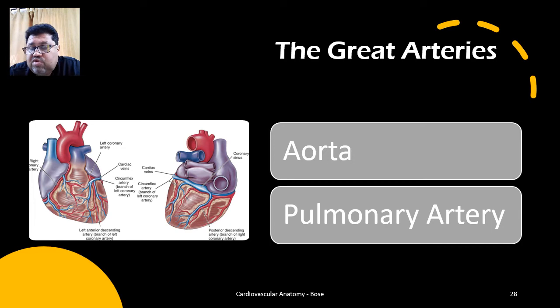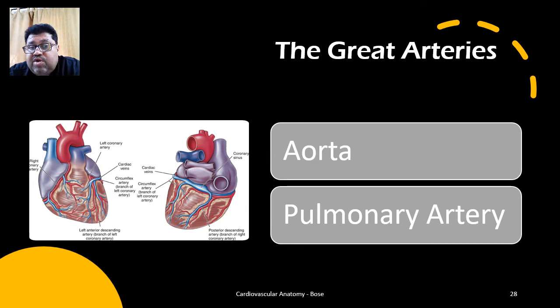So about the fifth thoracic vertebra, it splits into right and left pulmonary arteries. The right pulmonary artery runs behind the ascending aorta, the superior vena cava, and the upper pulmonary vein, but it lies in front of the esophagus and the right primary bronchus to the root of the lung.